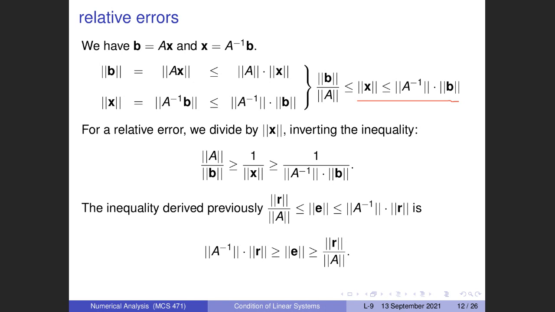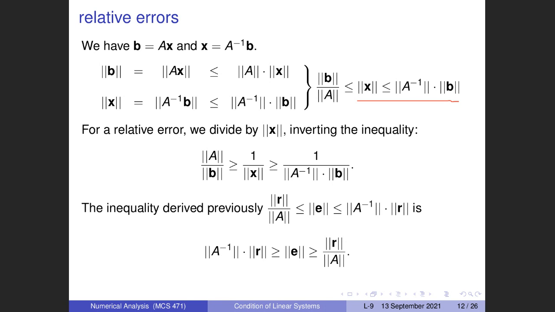So if you have already large numbers in your right-hand side vector, and you can see that, then you might expect large numbers in your solution. Not always, because there is also a lower bound. So either you divide by the norm of A or you multiply by the norm of A.